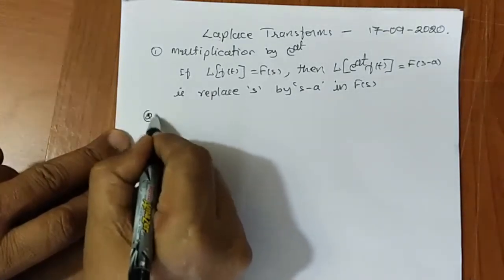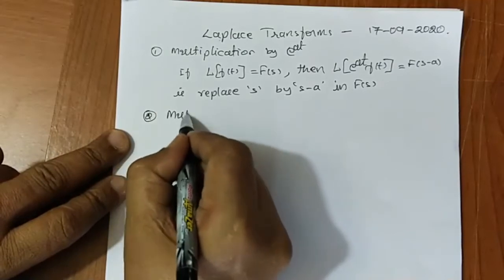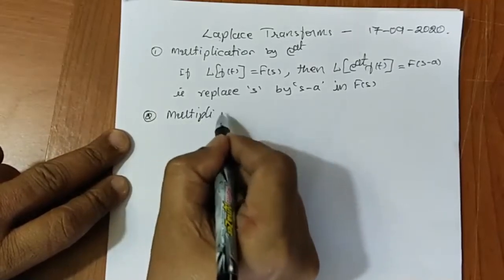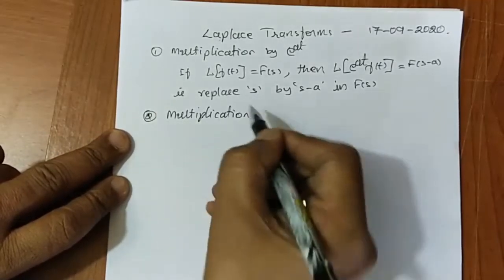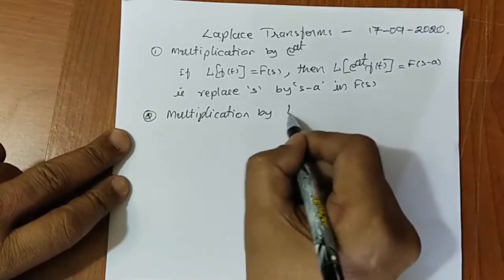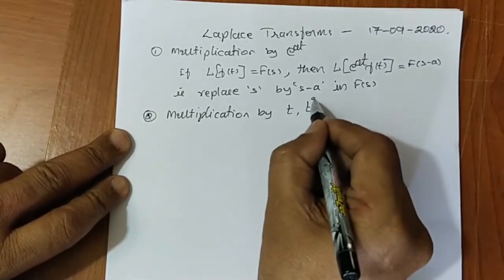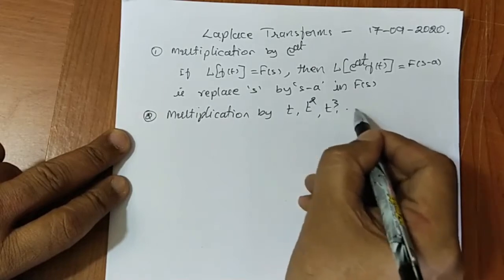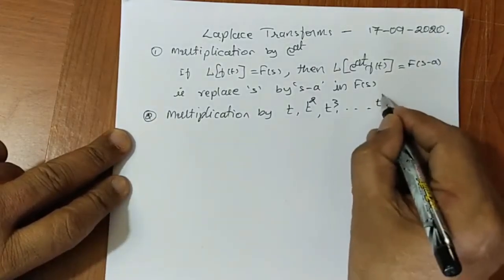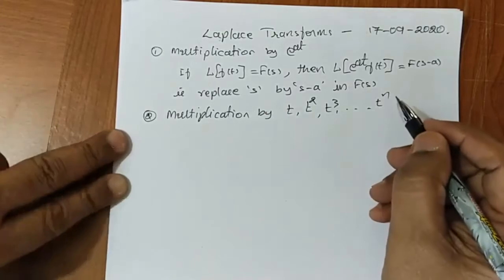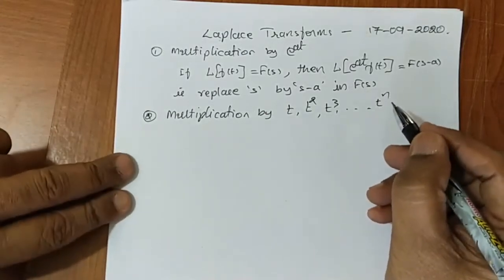Second one is multiplication by t, t squared, t cube, etc. I went up to t raised to n. I have discussed this in the last class.